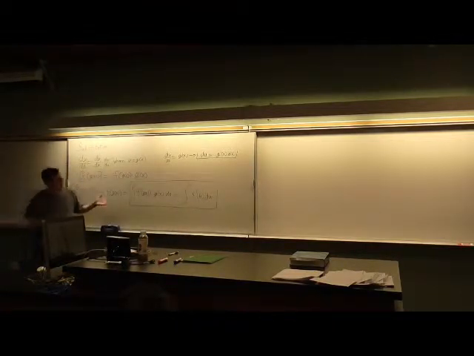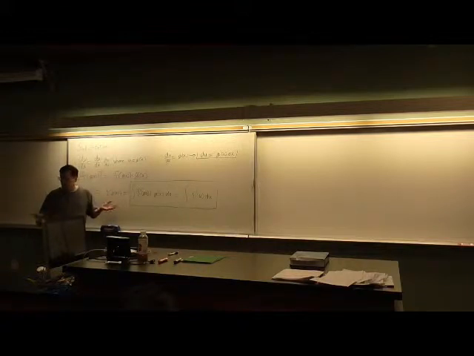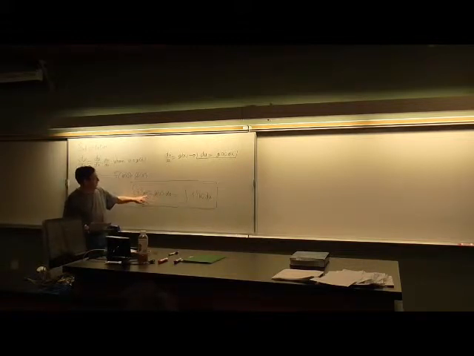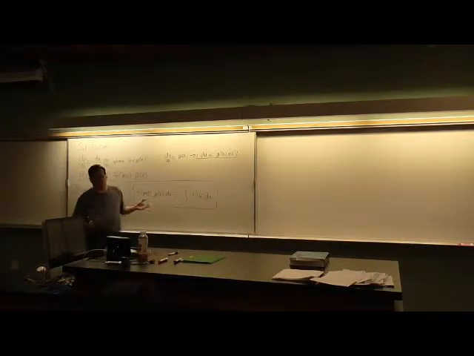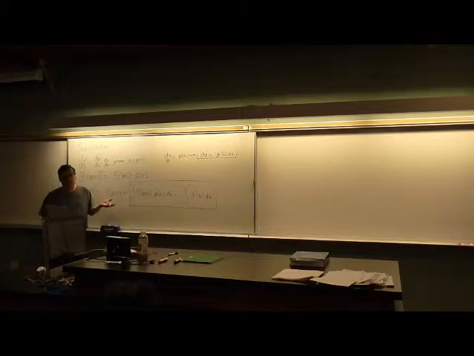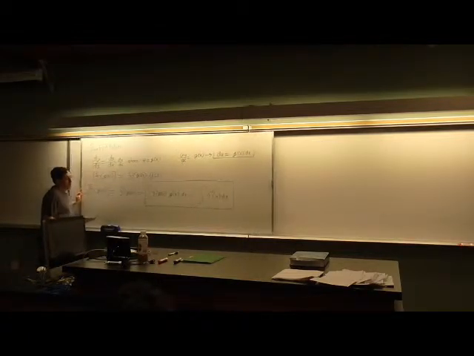Now this is a little abstract. We're going to see some examples so you see how to use it. But the idea is we're going to change from an integration in x to an integration in u. Now we're going to do that because it's going to make life easier.